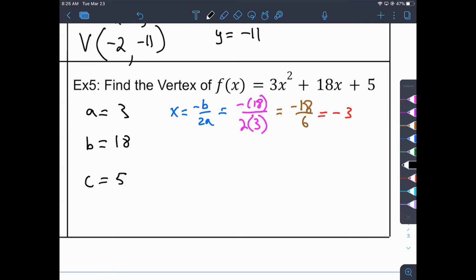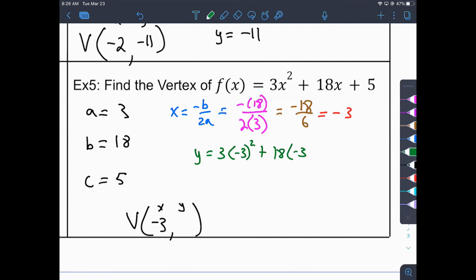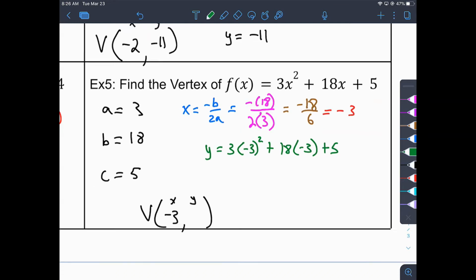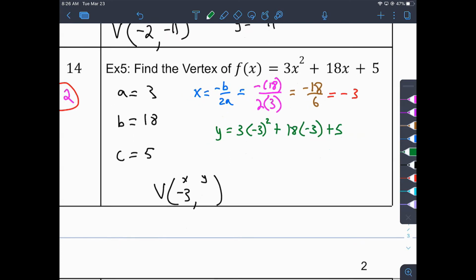Now, in order to find the y-coordinate, we need to plug that negative 3 back into the function. So y will equal 3 times negative 3 squared plus 18 times negative 3 plus 5. Now, I do want to show you this because I think it's valuable.